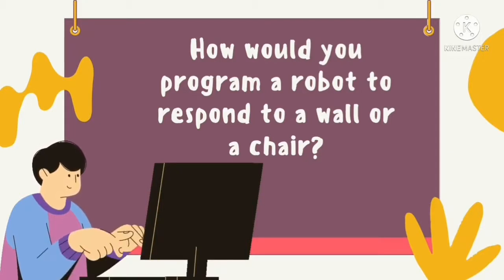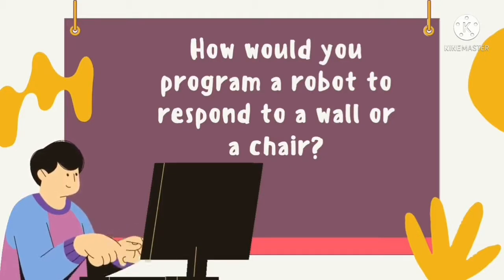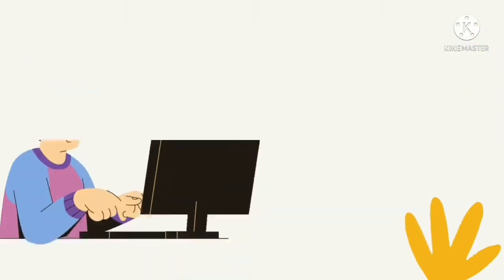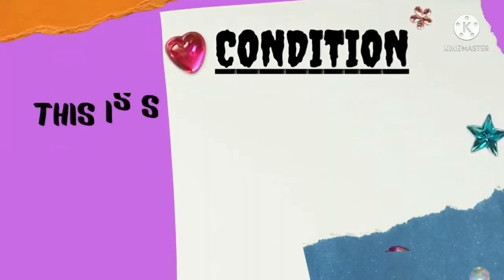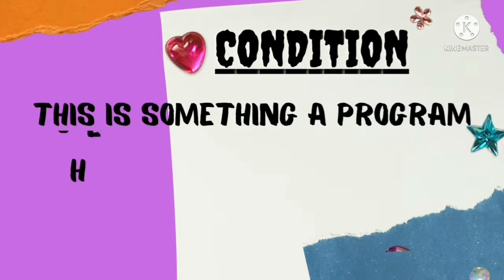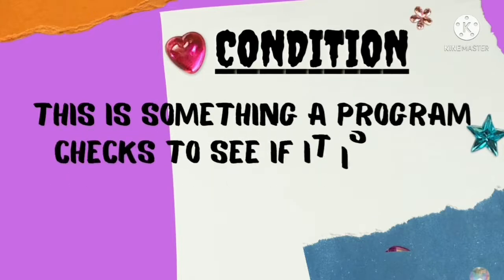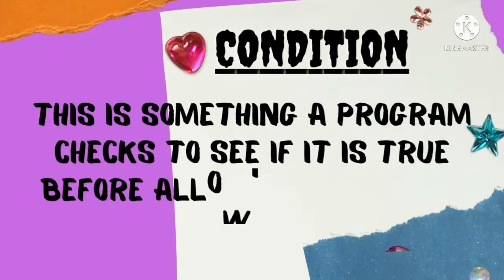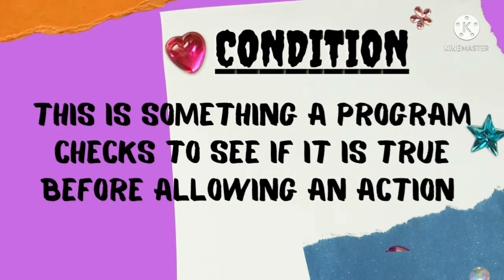So this brings us to the vocabulary of today's class, which is condition. Do you know what condition is? Listen carefully. Condition is a statement that a program checks to see if it is true or false before allowing an action.